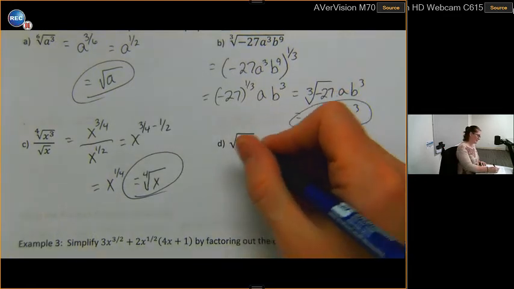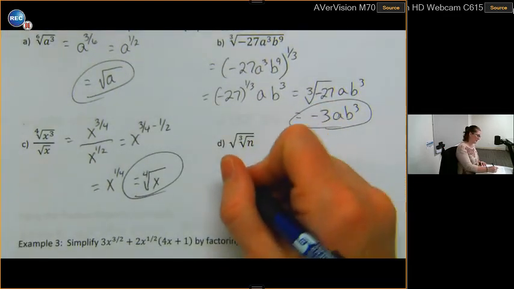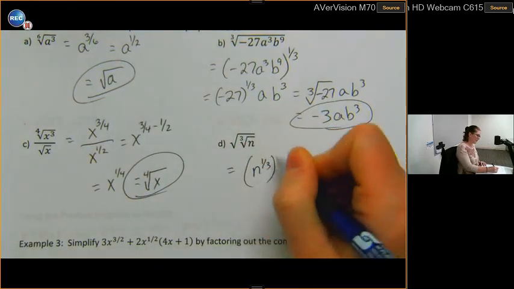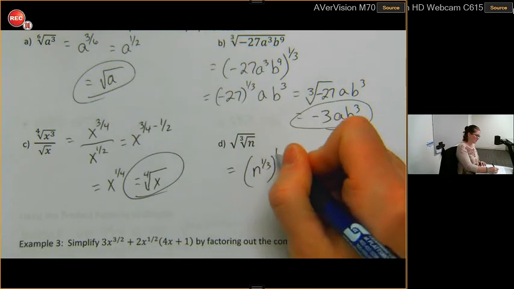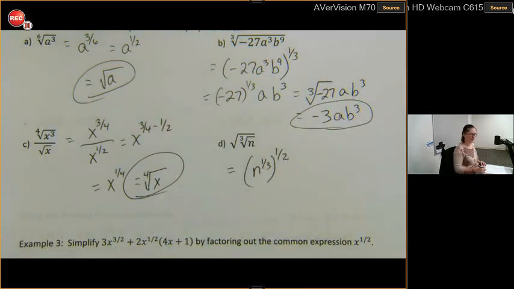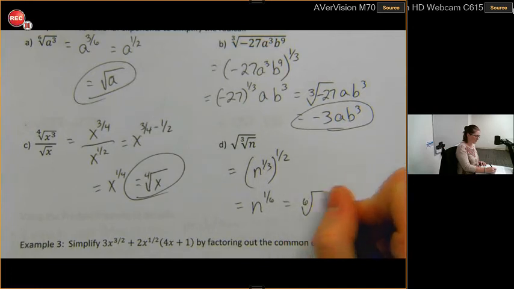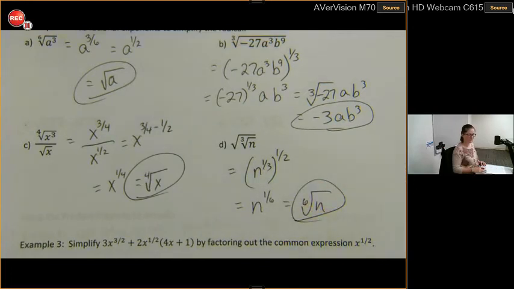Letter D, I have a square root of a cube root of n, so starting on the inside, n to the 1/3 takes care of the cube root, and the square root is 1/2. So I multiply those, I get n to the 1/6, which is the 6th root of n.